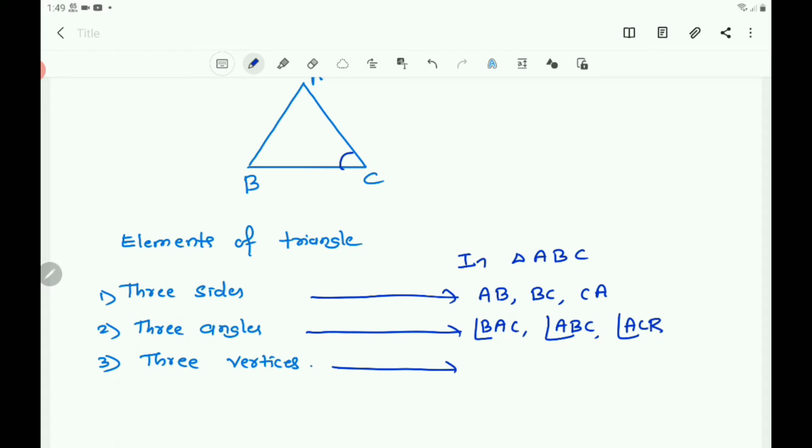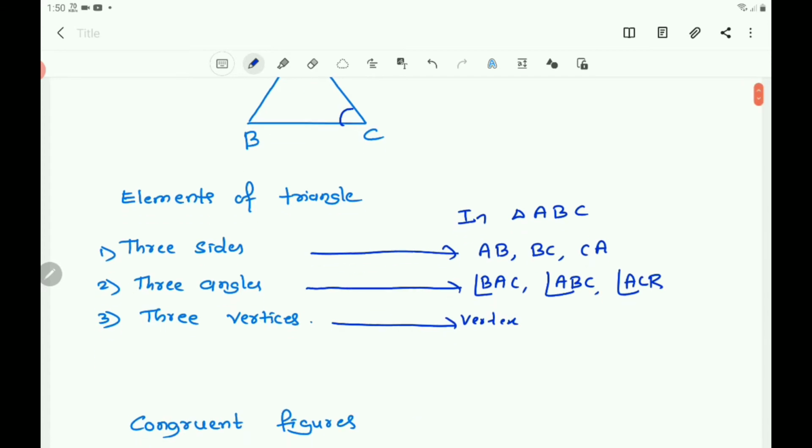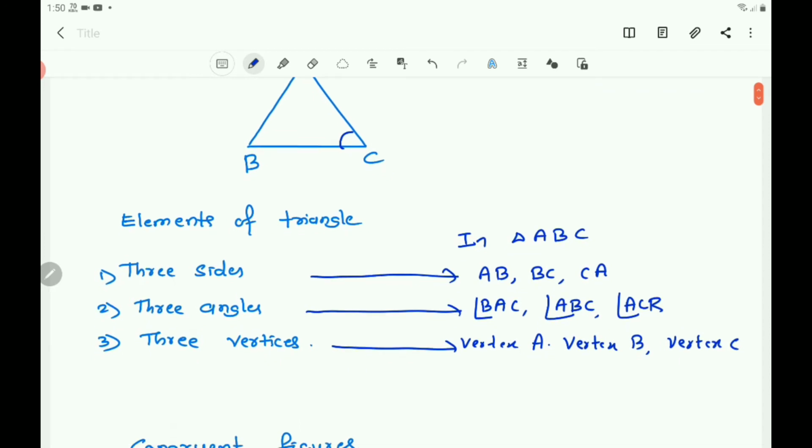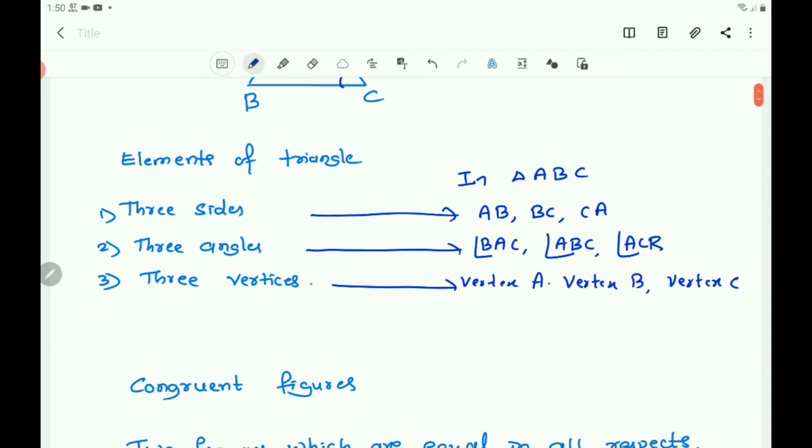Which are the three vertices? Vertex A, vertex B, vertex C. These are the three vertices of the triangle ABC. In this way, each triangle has three sides, three angles and three vertices.